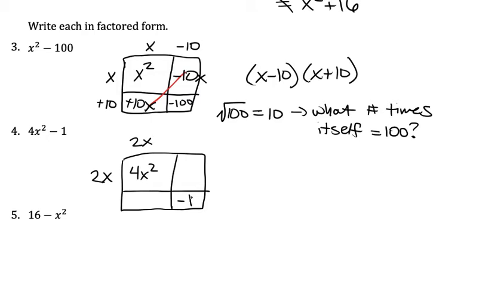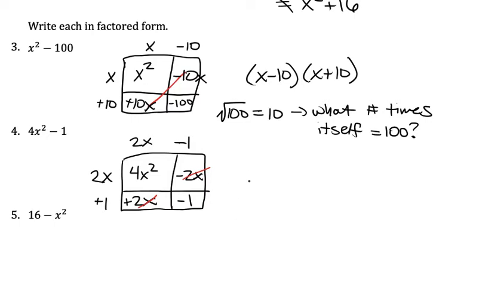Now, what times what is going to equal negative 1? Well, the only way I can get that with whole numbers is minus 1 and plus 1. And so this is going to be minus 2x, this is going to be plus 2x, and the middle terms cancel out.